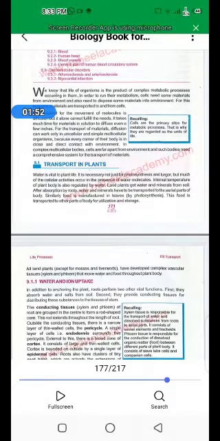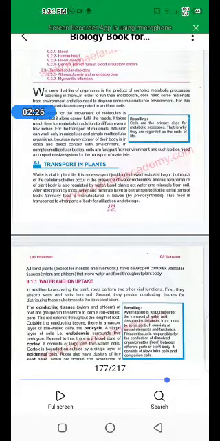First of all, we will study transport in plants, and the main thing which is transported in plants is water. The water carries minerals along with it. Under the heading of transport in plants, the first few lines are the role of water in transport. So we can put a question over here: what is the role of water in plants' life?